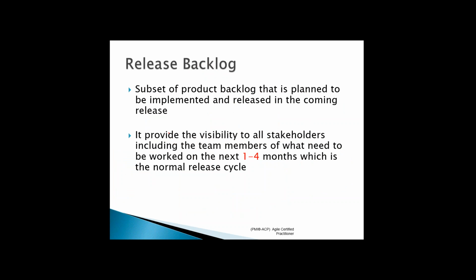Release backlog is going to provide visibility to all stakeholders, including your team members, on what needs to be worked on in the next 1 to 4 months. Normally that is a release cycle, right? I've seen release cycles of 1 to 4 months. Sometimes it would be 1 month. Sometimes it would be 3 months or 4 months, things like that.